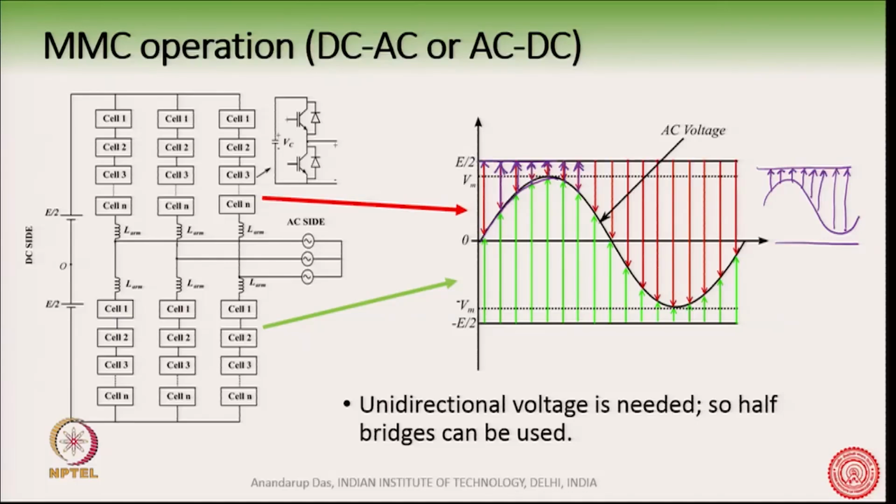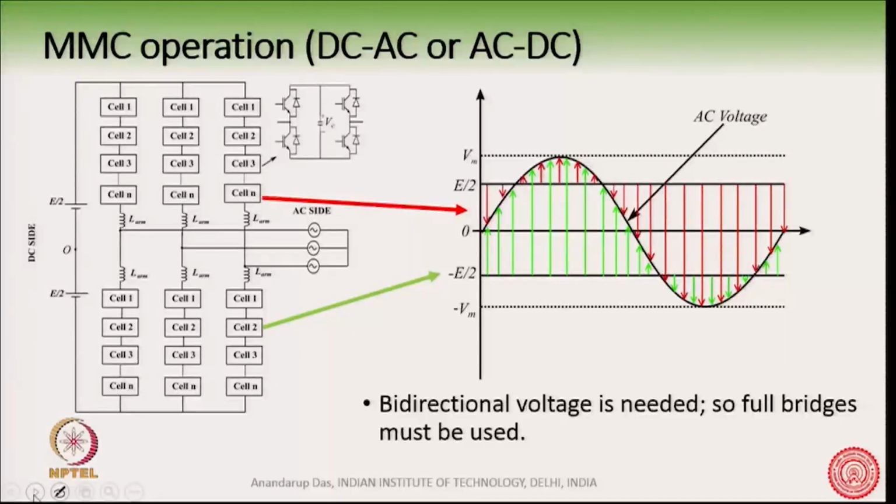Now, an interesting thing that comes up next is what happens if the DC voltage suddenly becomes lower. Now, why or when can this happen? This can happen for a variety of reasons.